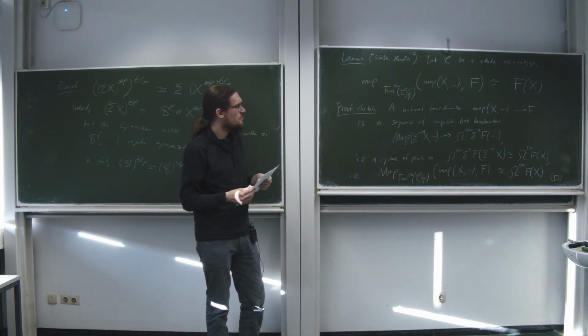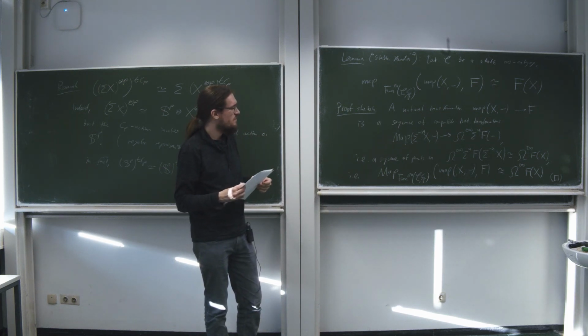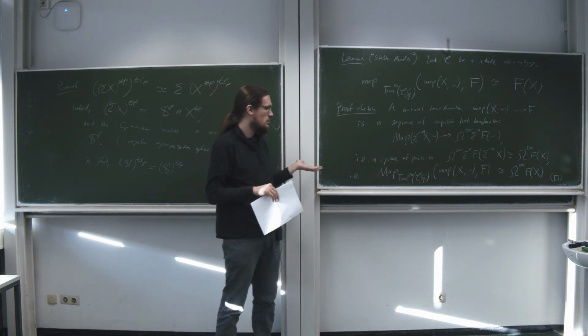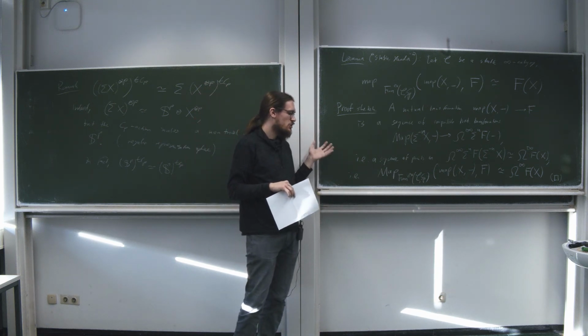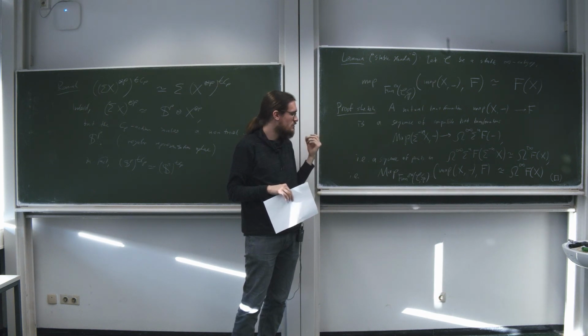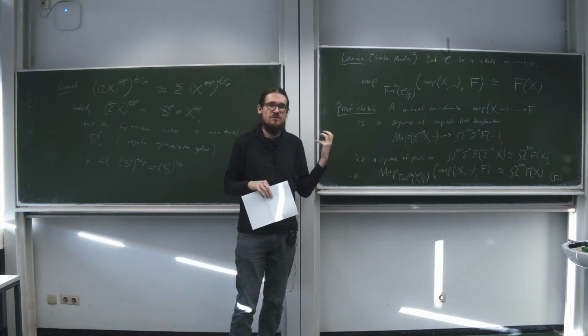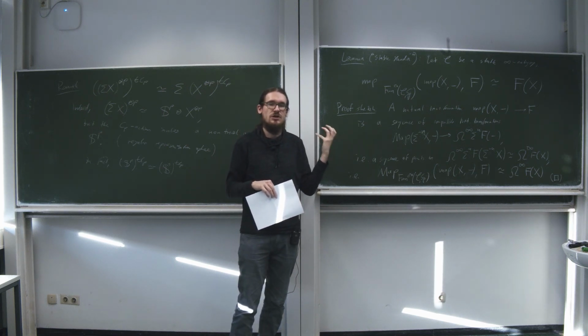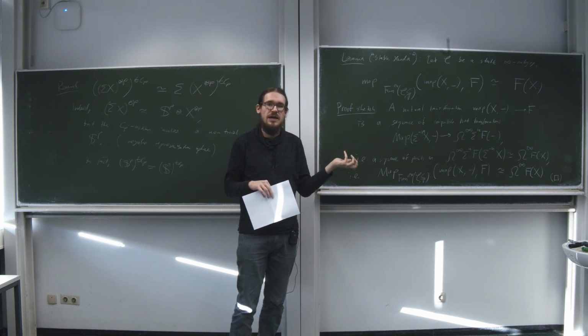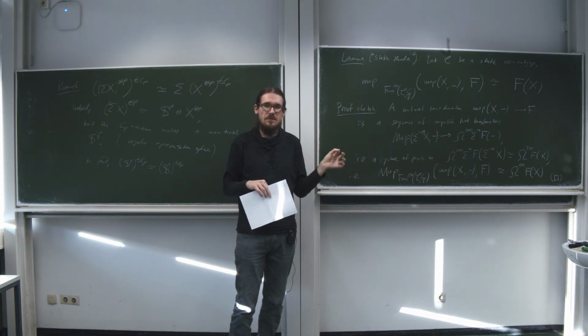There's a useful way of doing this in a cleaner fashion, where instead you talk about functors. You compare functors from a stable infinity category to spectra, and left exact functors from your stable infinity category to spaces. And it turns out that's the same data.